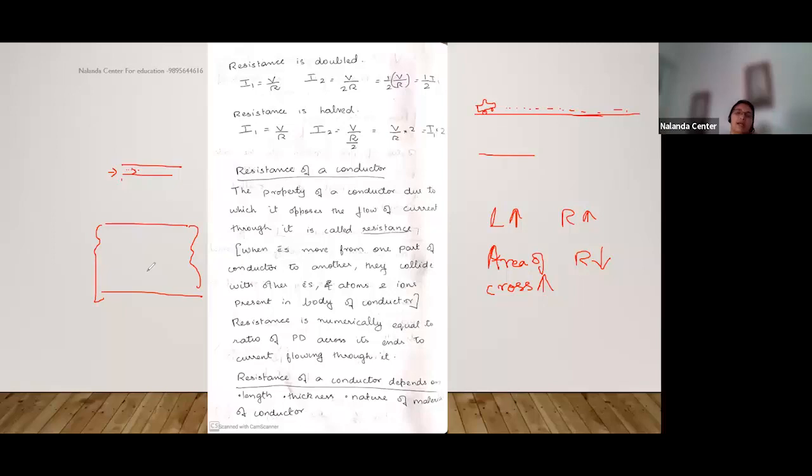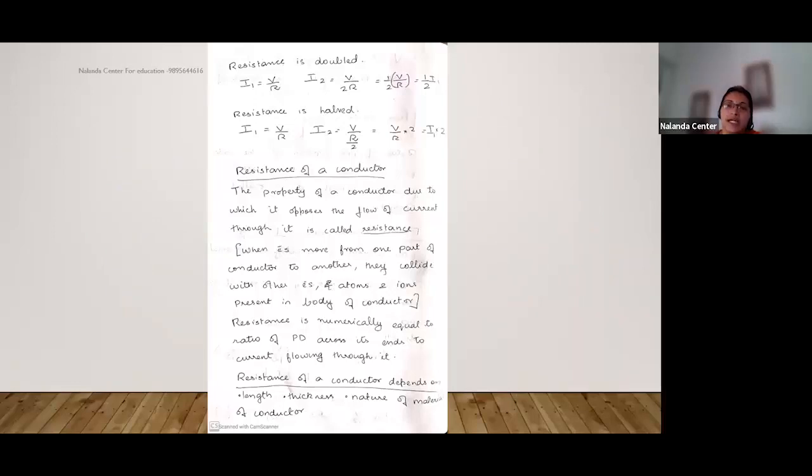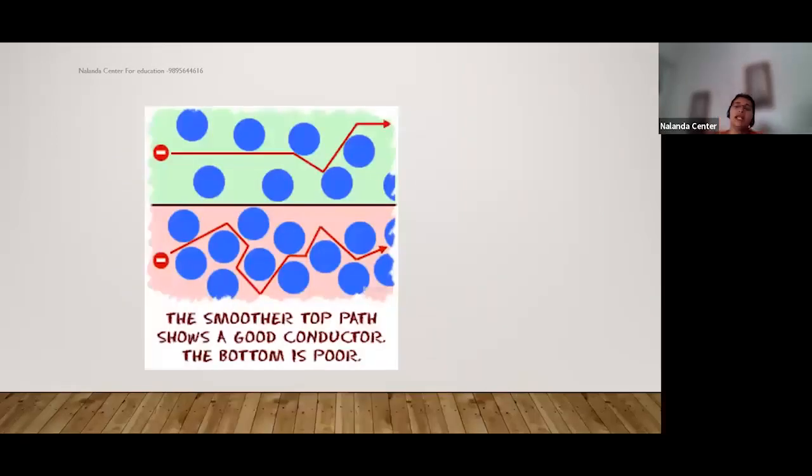So the nature of the material is also going to affect the resistance of a conductor. See, this is how resistance comes. When electrons move around, they encounter different atoms and other electrons. But this is comparatively smooth and this is comparatively complicated. This has higher resistance. This has less resistance.